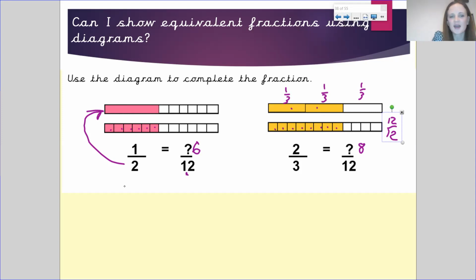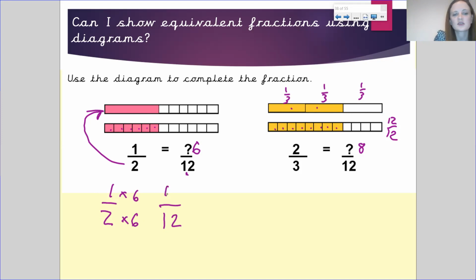One of the things I reminded you, and I did speak briefly about it, is when we're looking at fractions, we need to see what is an equivalent fraction to this. What we would do is, what can we times this by to get to 12? I can see that 2 can be times by 6, and then I would also times the top by the same, and then it would give me an equivalent fraction.